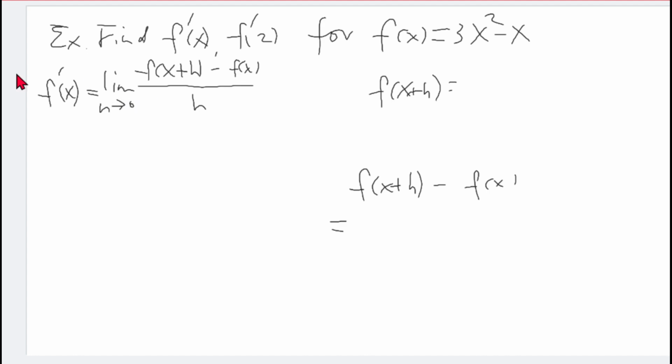All right, so by definition, the derivative is the limit of this fraction. Okay, so we're going to first of all set up the expression for this part. This part is a function itself. We already have it here.